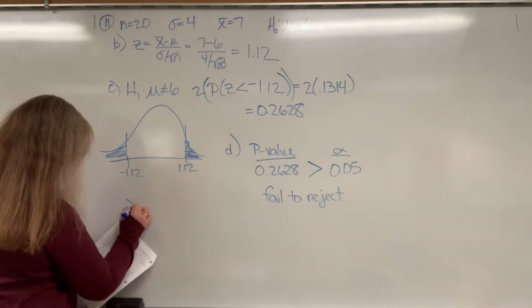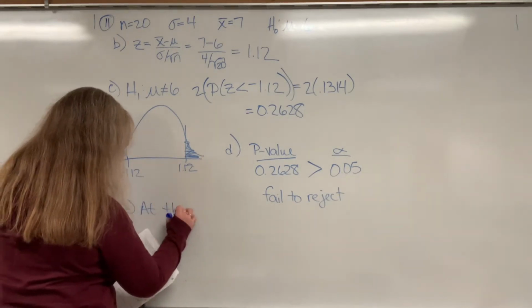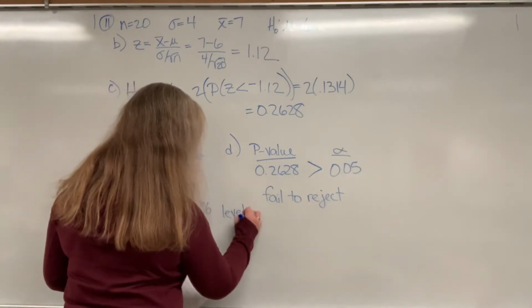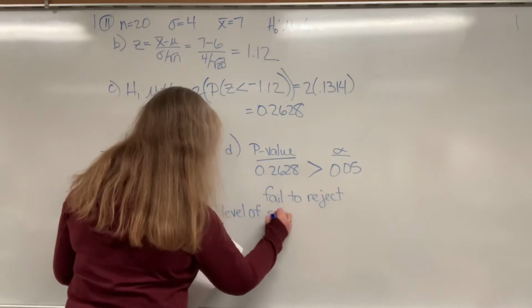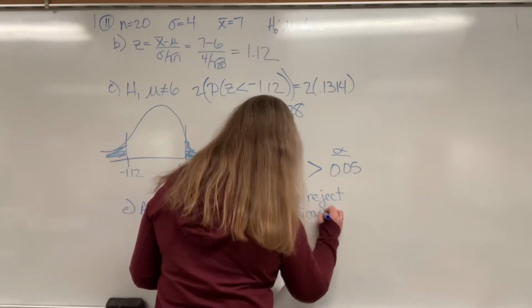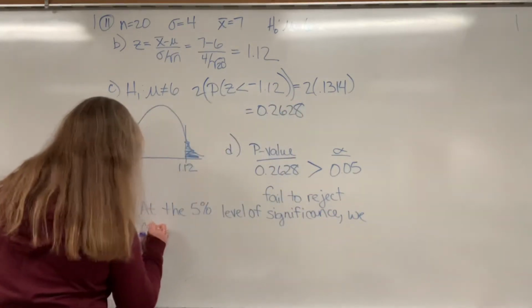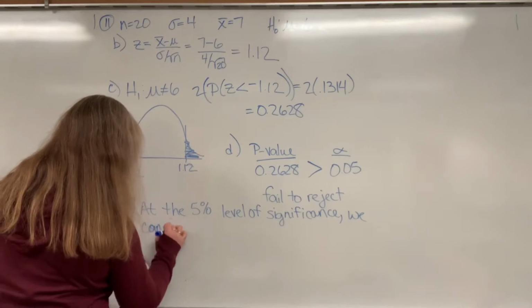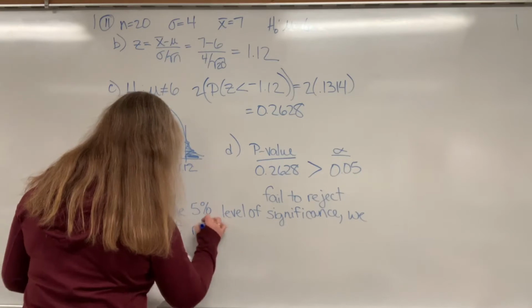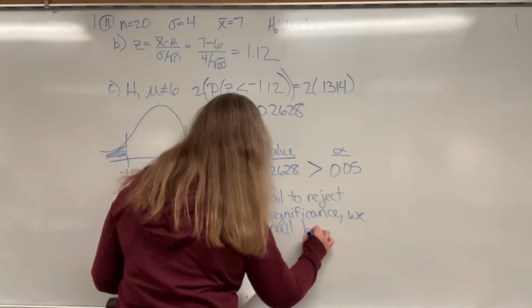So part E says, explain: at the 5% level of significance, we cannot reject the null hypothesis.